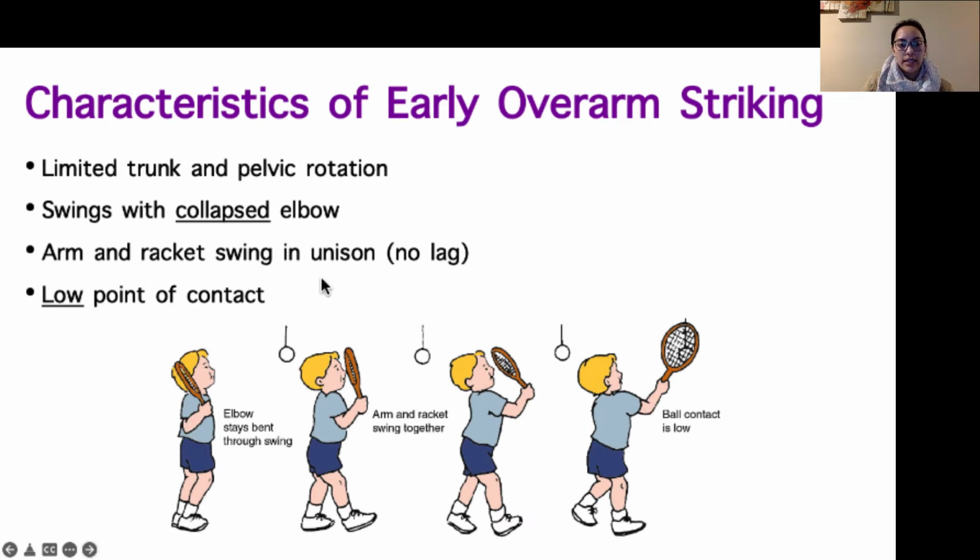The arm and racket tend to swing in unison or as one unit, so there's little lag or little sequential movements contributing to force production. And then there's also typically a low point of contact, so you can see where he contacts the ball is in line with his face.